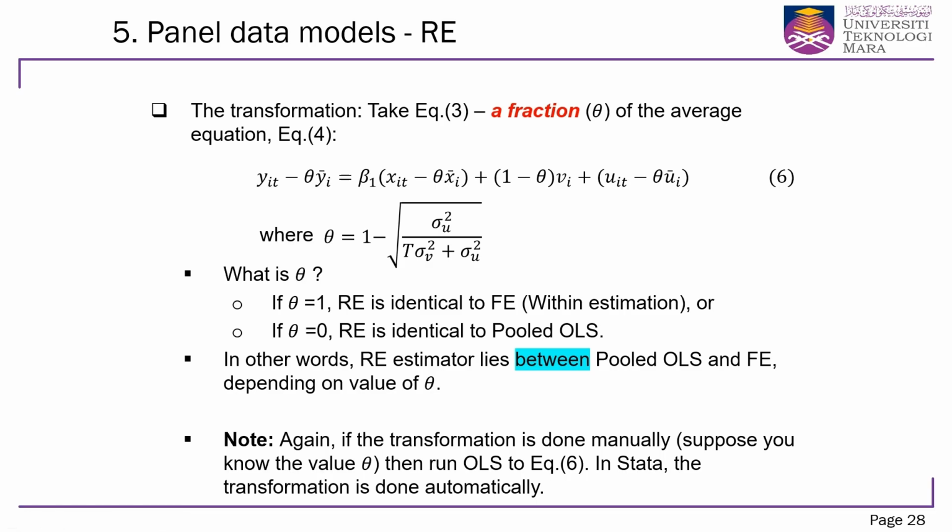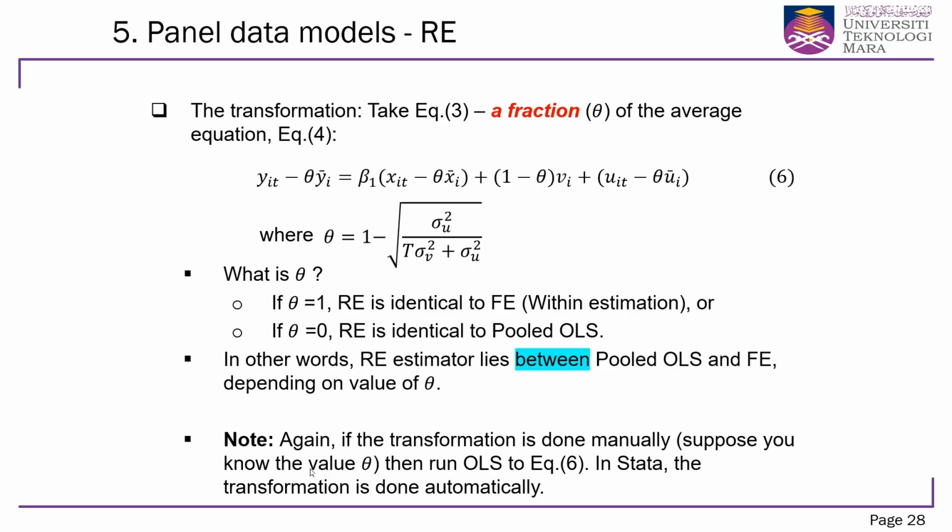Again, in random effect estimation, the transformation is rarely done manually because we never know the value of theta. Hence, we just run the xtreg command and Stata automatically transforms the data using the value of theta that it computes automatically based on the dataset observations that we load into Stata.